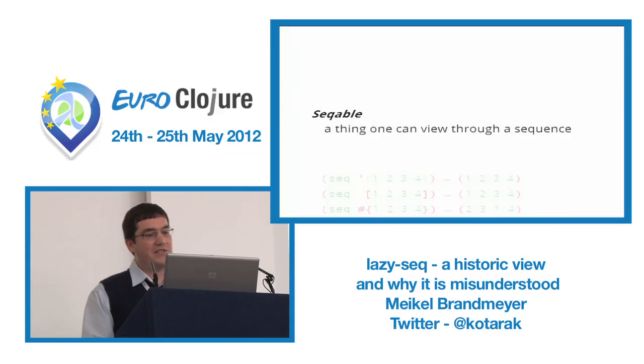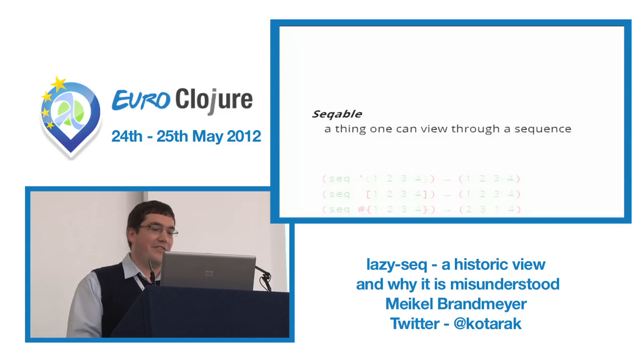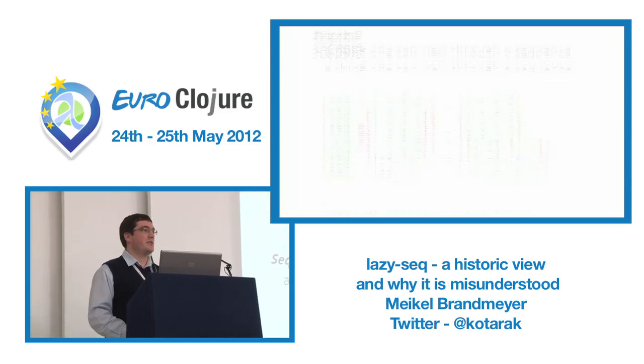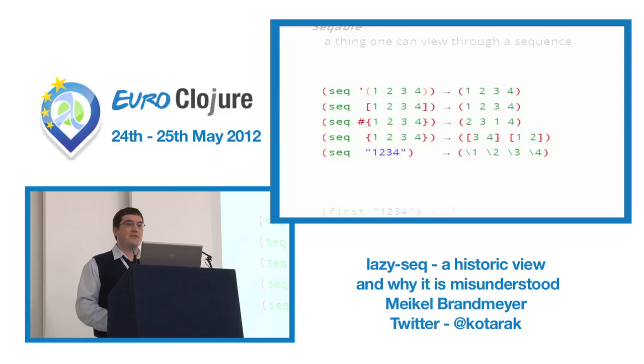So we have basically a new thing, a seqable. It's a thing which we can use through a sequence. So a seqable is a thing which we can feed to seq, and it gives us back a sequence on its elements. So it will work for lists. If the list is non-empty, then it can be used as its own sequence, but that's kind of an implementation detail.